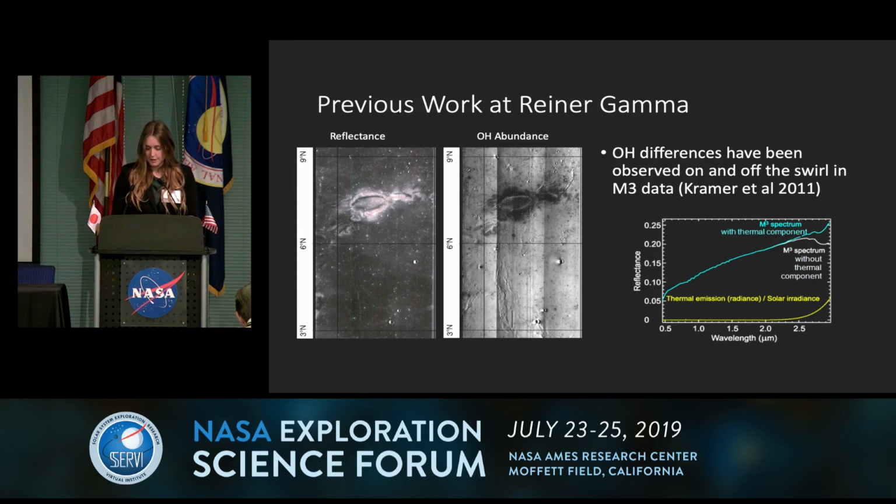However, in Moon Mineralogy Mapper data, there's a few different models for the thermal emission. And these different models are producing different results in terms of how the water band is varying across the surface of the moon and at lunar swirls.